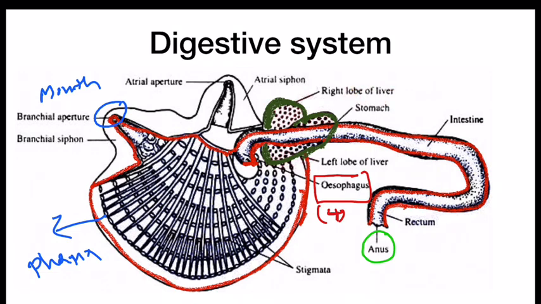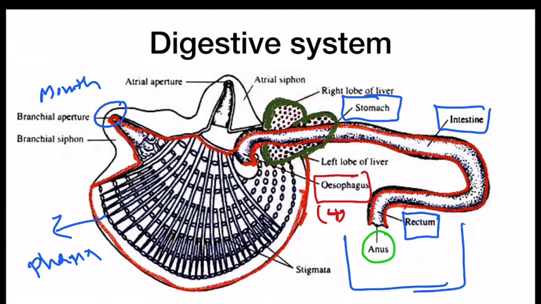Then the stomach is present behind this esophagus. After the stomach, the intestine is present, and the intestine opens into the rectum. The last part of the digestive system is the rectum, and this rectum opens into the atrium or cloaca by this anus. So these are the anatomical structures that we observe in the digestive system.